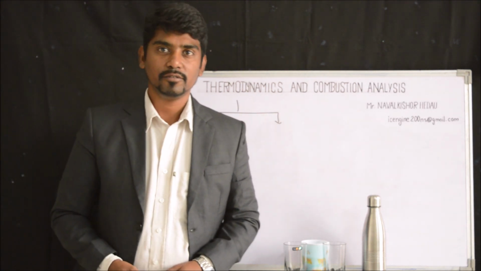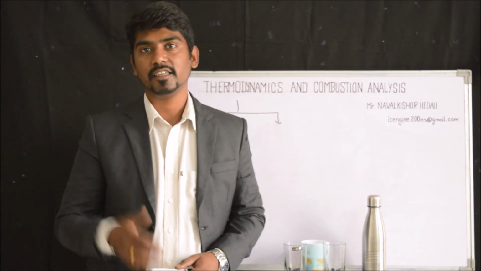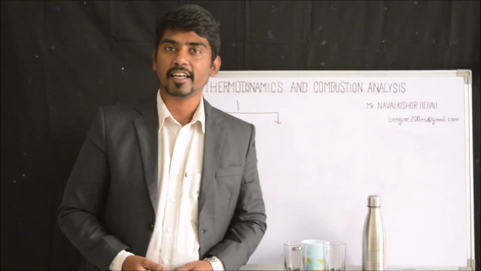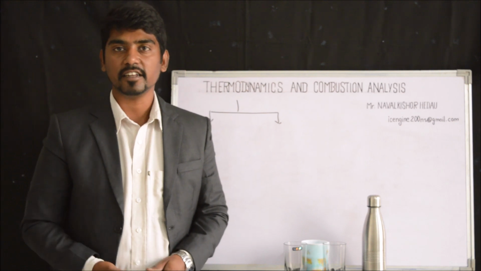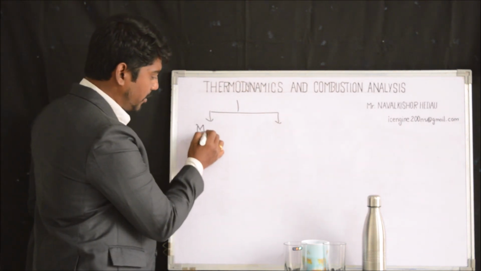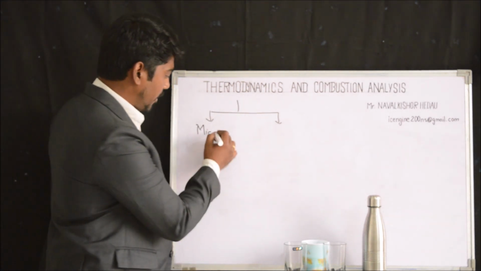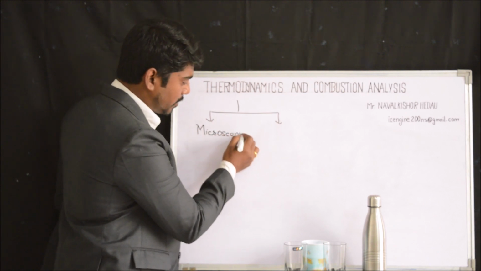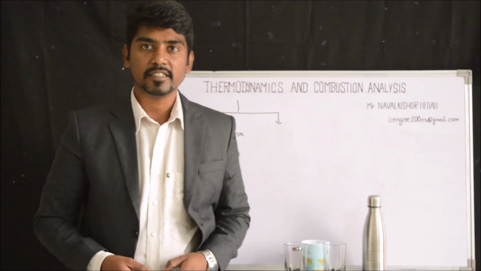Thermodynamics, as we all know, is a very basic branch of science which deals with the study of heat or energy in motion. Thermodynamics has two approaches: one is the microscopic approach and one is the statistical approach. Microscopic approach deals with individual molecule behavior at a time, and statistical approach deals with the average number of molecules put up in the system.